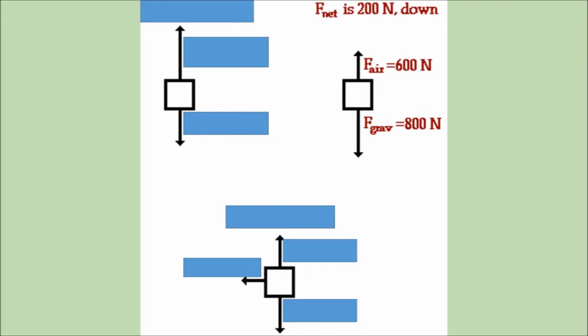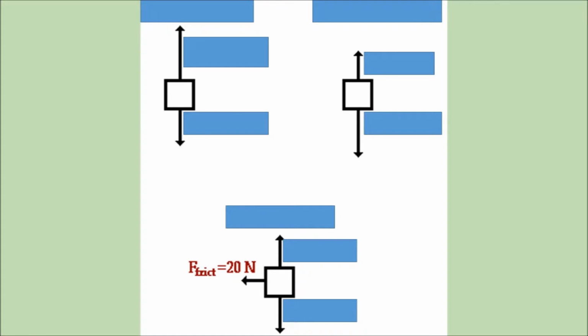Okay, so then the next one is actually a three vector system. I have 20 newtons to the left, and then I have what we call the normal force, or the force normal.